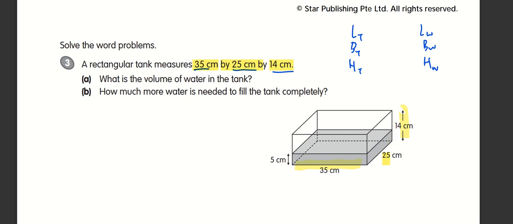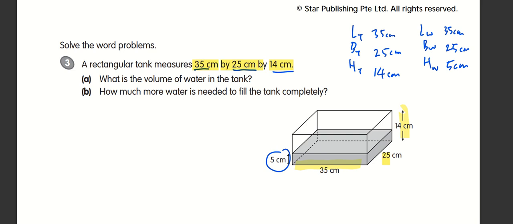So here we have length 35 centimeters, and you realize that that is the same with the liquid taking up the space of the container. Breadth is 25 centimeters, which is also the breadth of the water. And then we look at the height of the tank. The height of the tank is 14 centimeters, but for the water is only 5 centimeters.